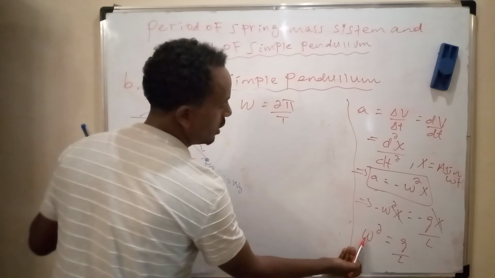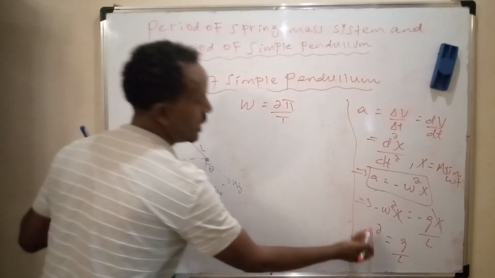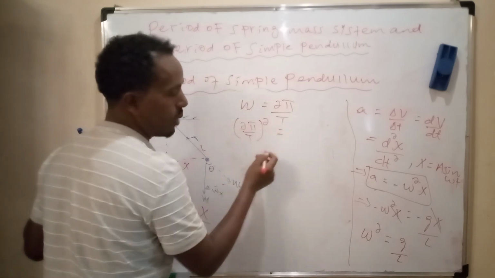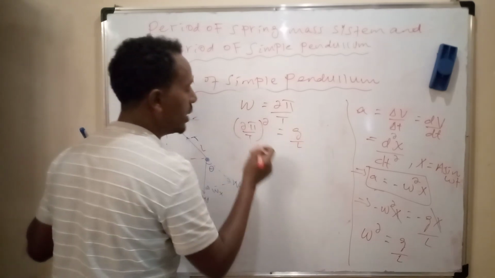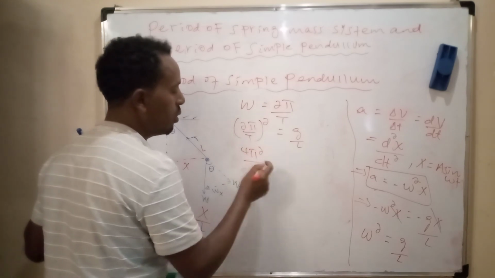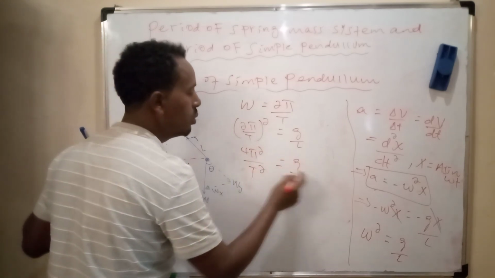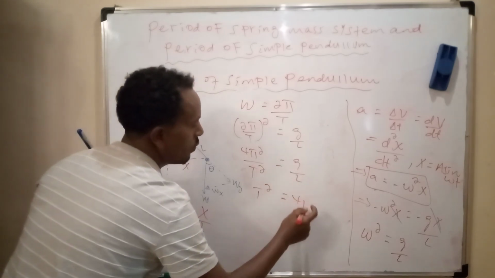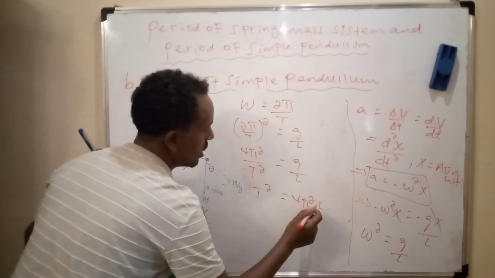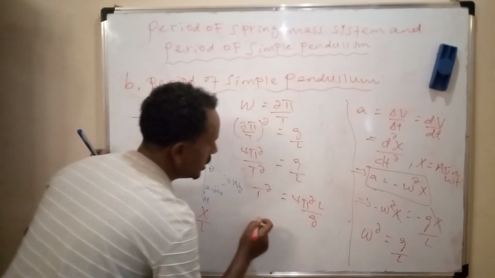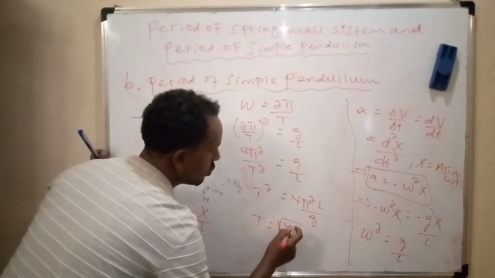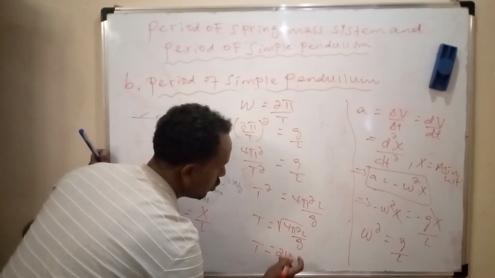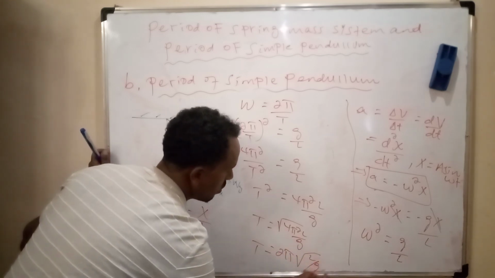Use 2 pi over period instead of omega: 2 pi over period, the whole squared, is equal to g over L. This is 4 pi squared over period squared is equal to g over L. By crisscross multiplication, period squared is equal to 4 pi squared L over g. So period is equal to the square root of 4 pi squared L over g, and period is equal to 2 pi square root of L over g.